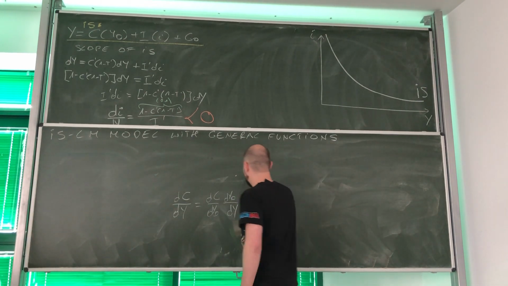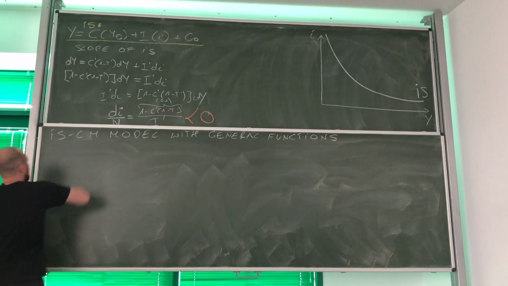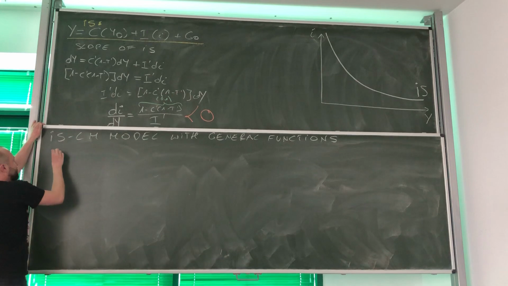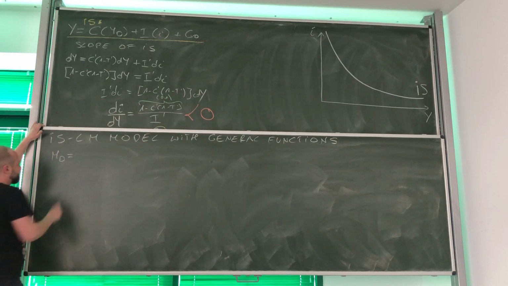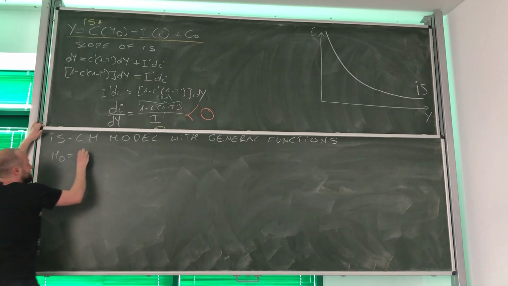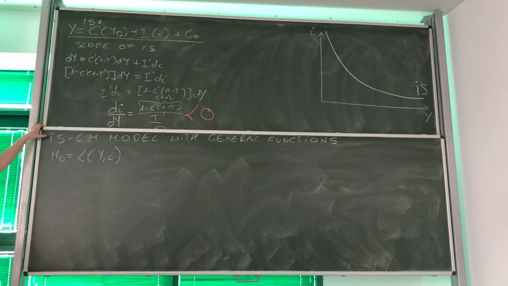With LM, again, it is way easier because there are fewer components. So here we will have that money demand is a function of income and interest rate. L stands for liquidity, demand for liquidity.